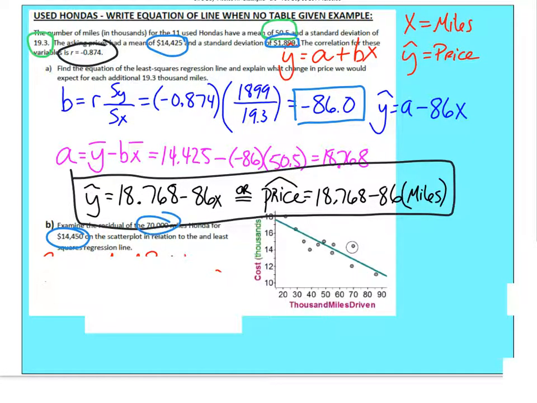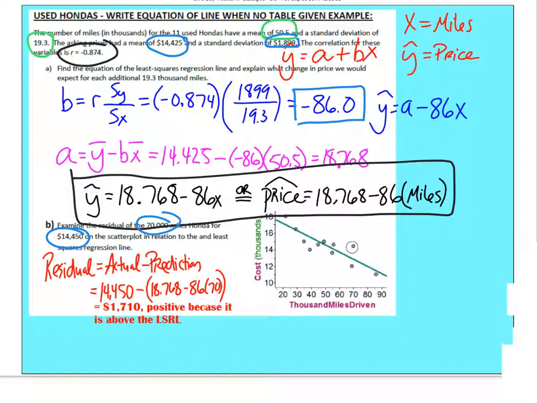I'm going to take 70 and put it into our formula for x, or miles. When you do that, the residual is $1,710.